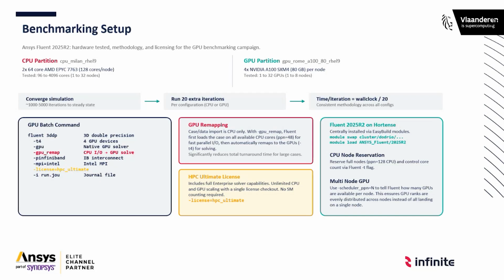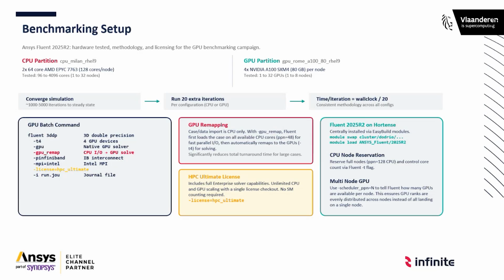So like I already told you, per GPU you use 1 core. In this case, otherwise I would just import the case on 4 cores. Therefore, I enable GPU remapping, which enables you to first load the case file on all my available CPU cores, in this case 48, for fast parallel input and output. And then afterwards automatically switch to the GPUs, which is 4.